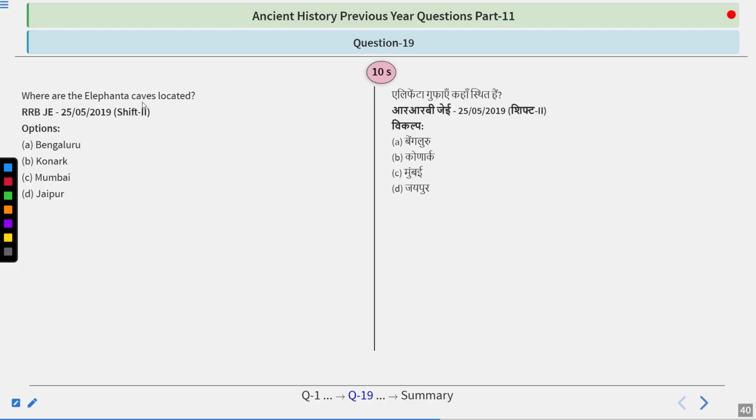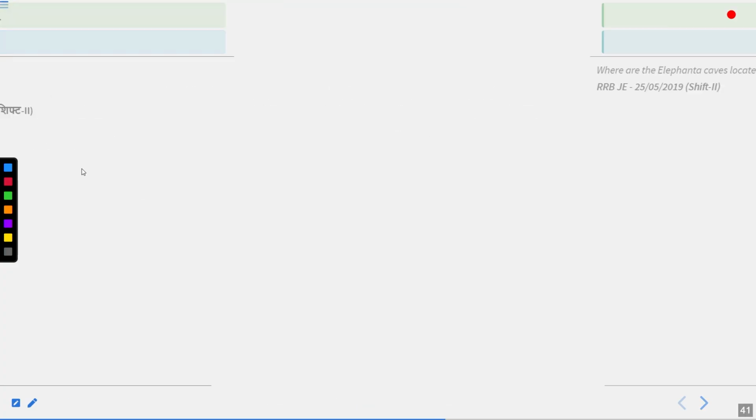Where are the Elephanta caves located? Bangalore, Konark, Mumbai, or Jaipur? Take your time and try to answer this one, guys. And the answer is simple.